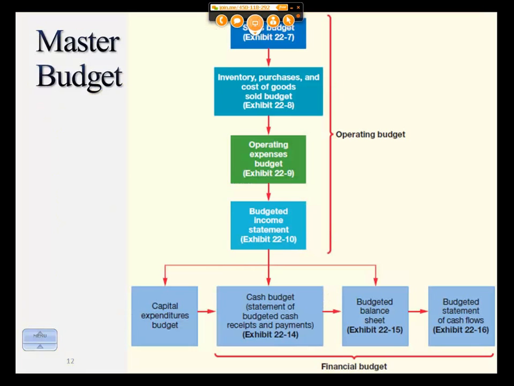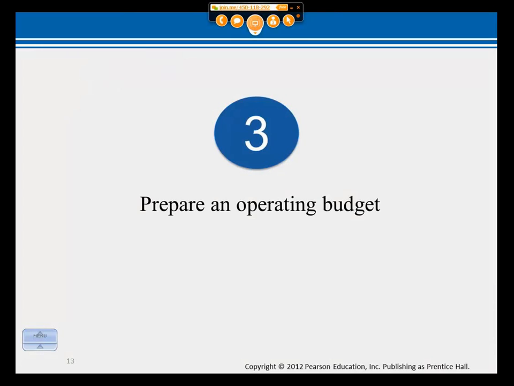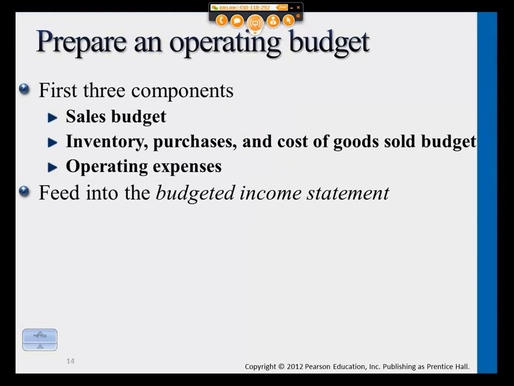All right. So let's keep going. The third one, how do we prepare that operating budget? Okay, so let's see. What are the components and how do we put it together? So we have three components, right? We just figured that out.